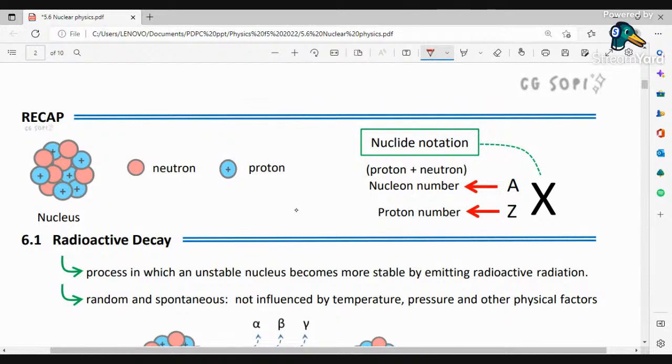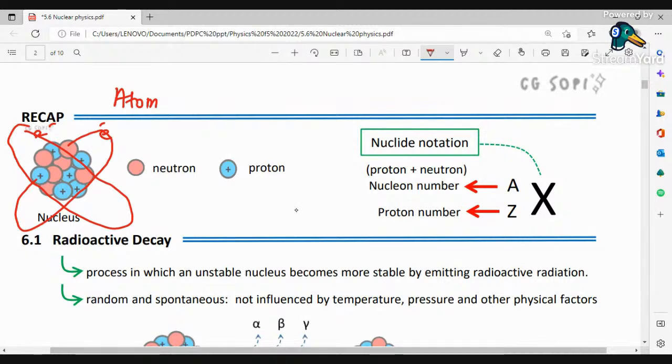Okay, recap. Recall previous knowledge. First, look at the nuclide notation. When we talk about atom, basic knowledge of atom, it consists of nucleus and there are electrons orbiting around it. Electron is negatively charged.